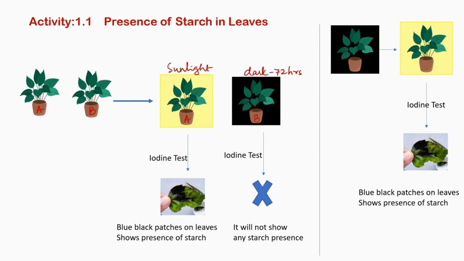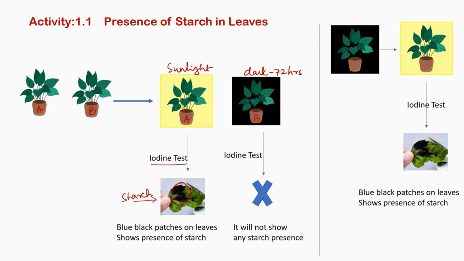After some time, we do the iodine test. We pour 2 to 3 drops of iodine on the leaves, and as we can see, it gives us blue and black patches on the leaves. That means there is a presence of starch in this leaf. Why is there starch?